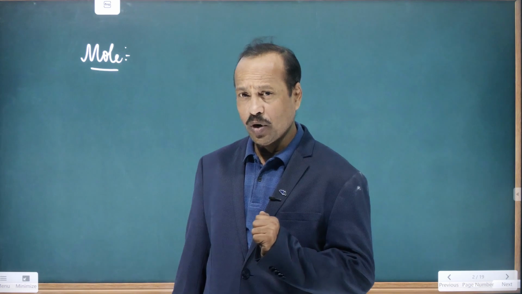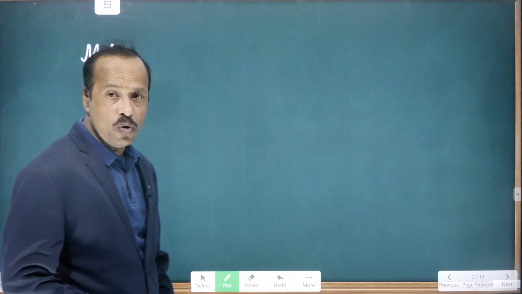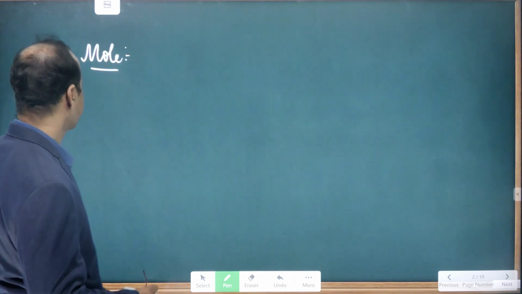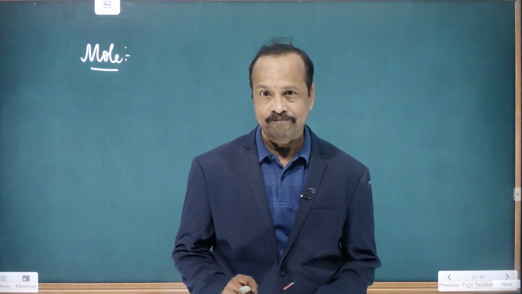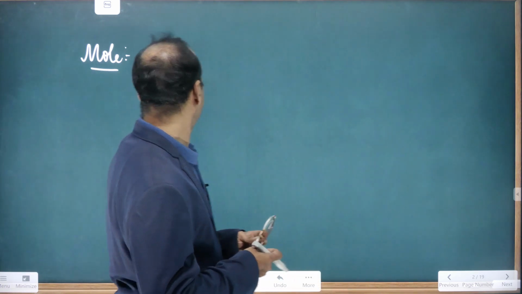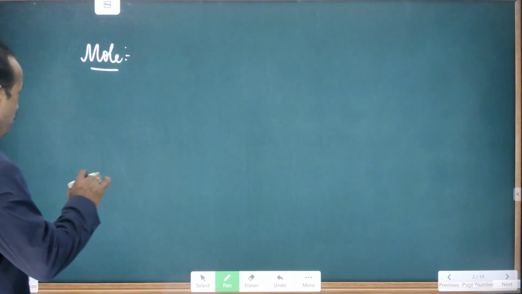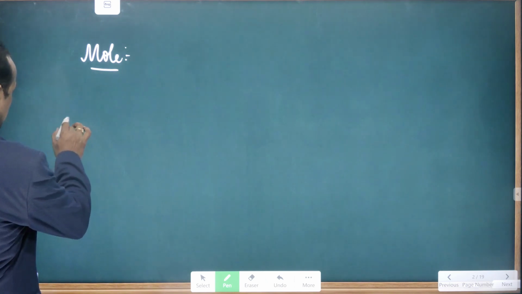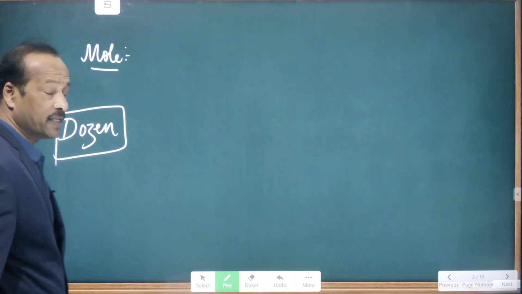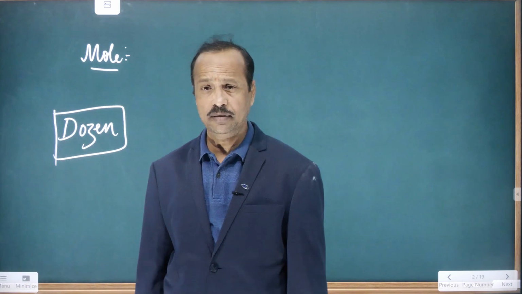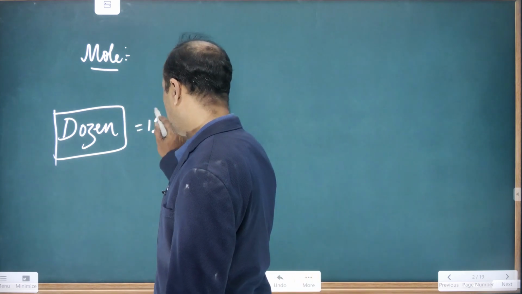So, what is a mole? Before going to the mole, I'll say dozen. You know the dozen. Dozen means 12.